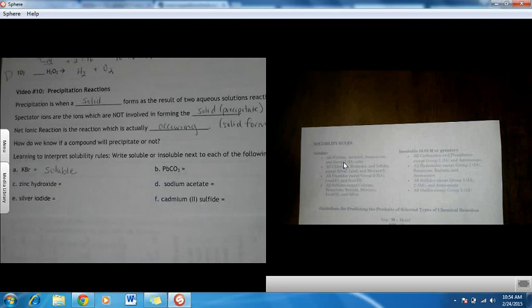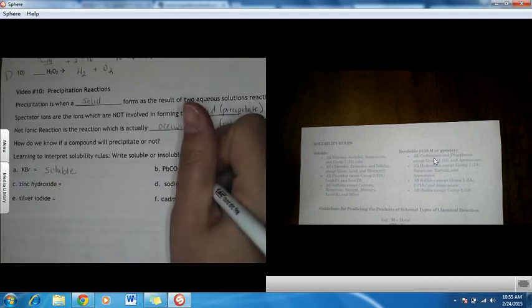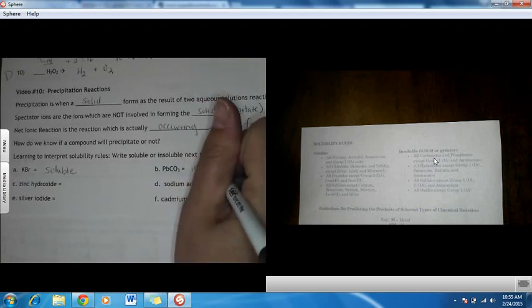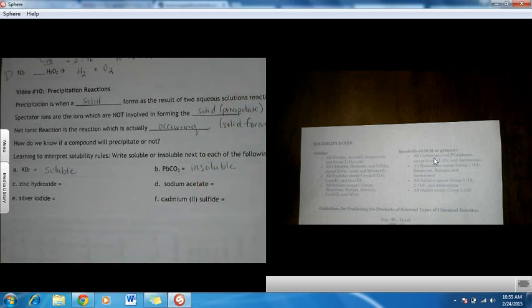Then we have lead 2 carbonate. We find a rule for carbonates over here, under the insoluble side. All carbonates and phosphates are insoluble except those with group 1 and ammonium. Well, lead is not in group 1, and so that makes this compound insoluble, which would make it precipitate if it were to form in the reaction.